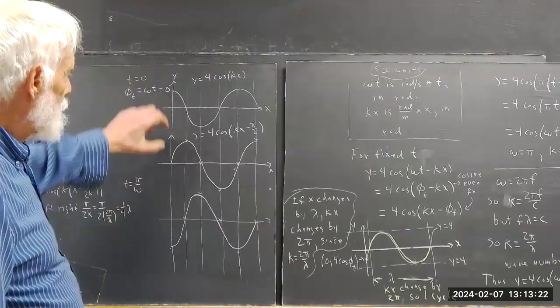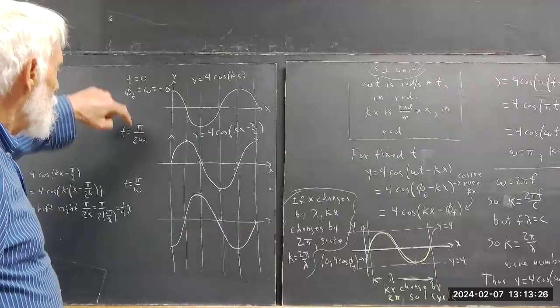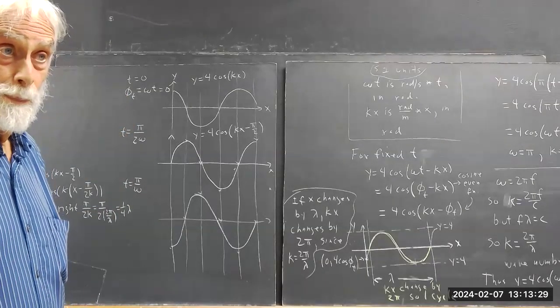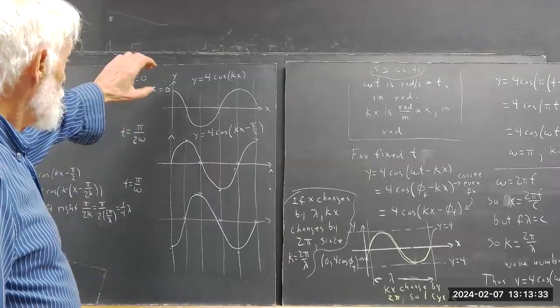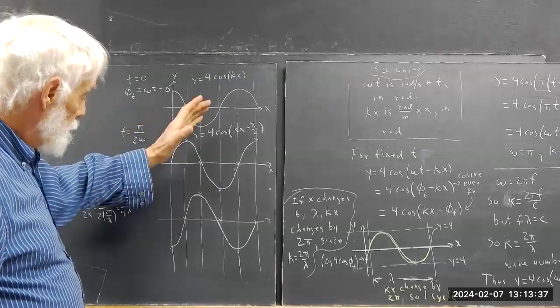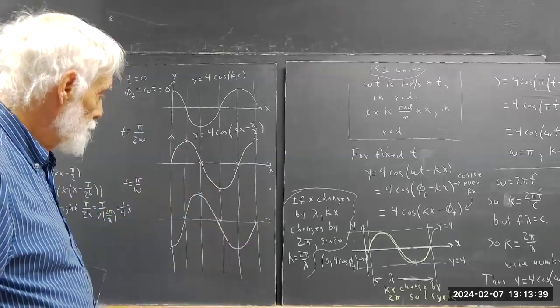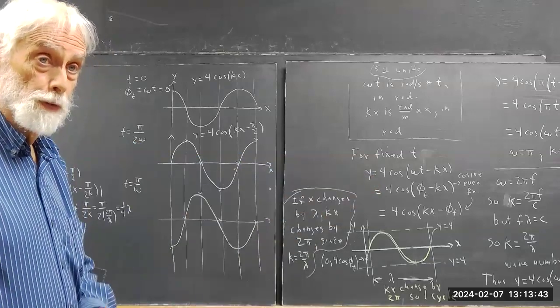Now, these are snapshots of a wave at time intervals pi over two omega. So this is t equals 0. This is one time increment later, the graph is here. One time increment later, it's over here. The graph is shifting to the right.